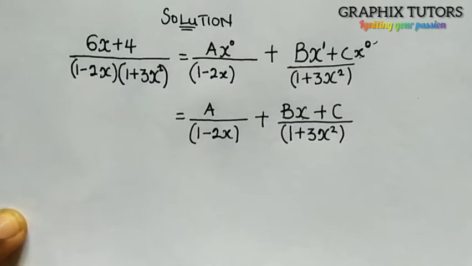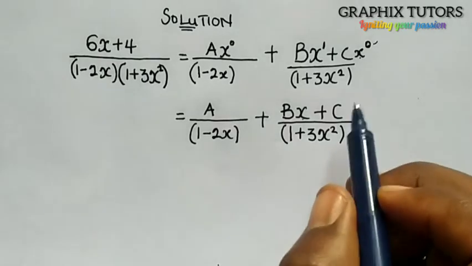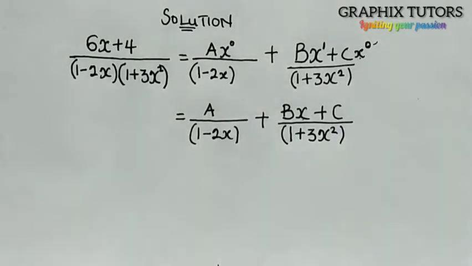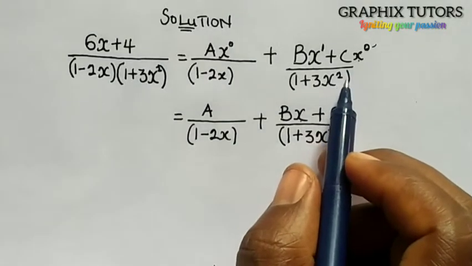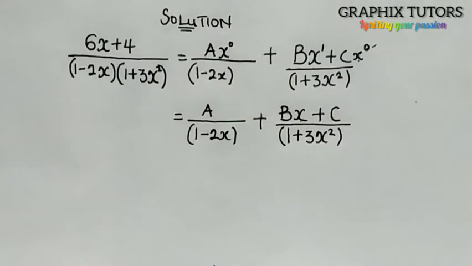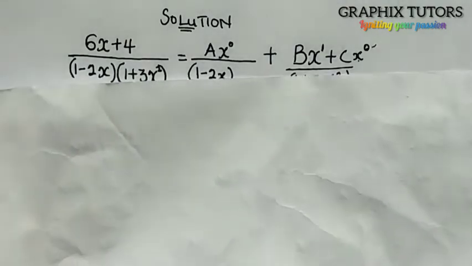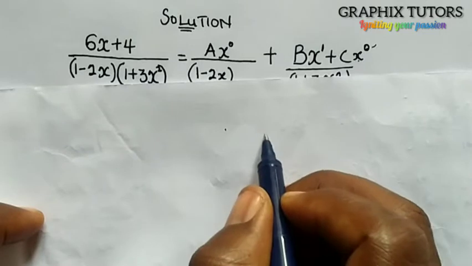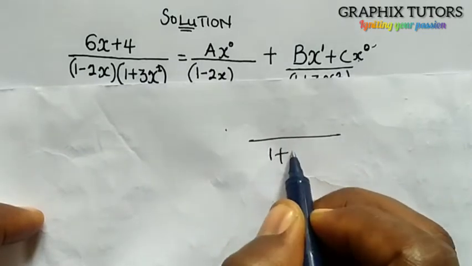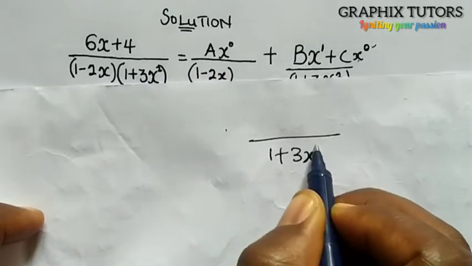What about if we now have a degree of x to be 3 here? Let's assume that we have a denominator 1 plus 3x cubed.